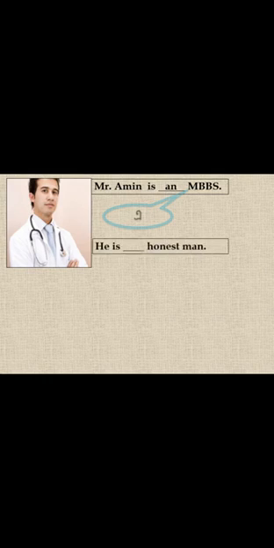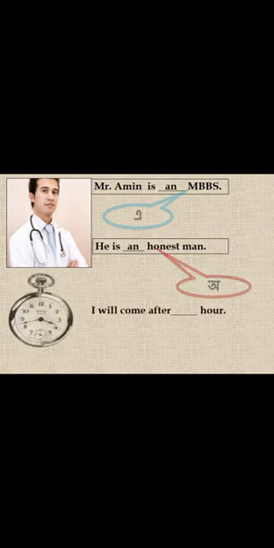He is dash honest man. When H is pronounced like A, then there will be AN instead of A. Though H is a consonant, if the pronunciation of H is like a vowel, then there will be AN. So, an honest man. I will come after dash hour.